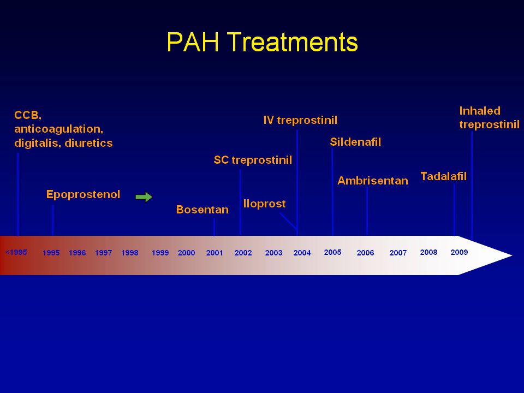Now, in the early 2000s, bosentan was approved, and shortly thereafter, treprostinil, which was subcutaneous, and then an inhaled drug, iloprost. So in the early 2000s, we began to have other options, and in 2005, different classes of drugs, sildenafil and ambrisentan, were approved, and newer generations of medications like tadalafil, and then later on different inhaled drugs.